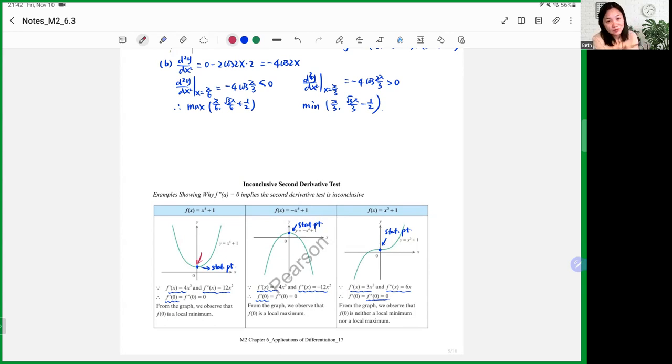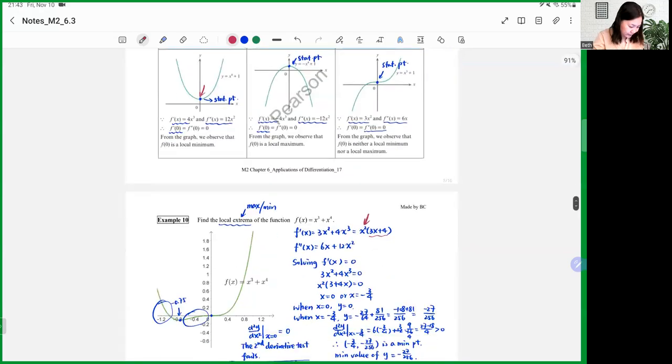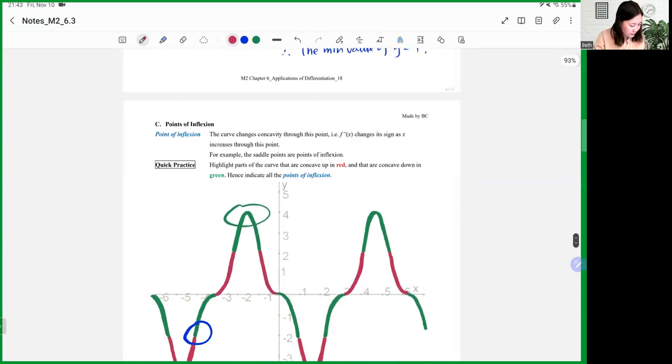If you can find out the concavity, that's another method. This method is not 100% conclusive, but it's a good way to use. Okay. That's it.